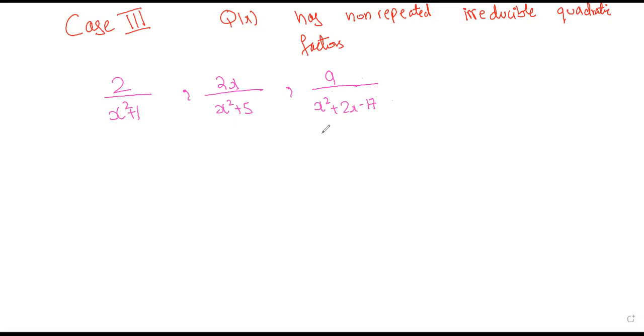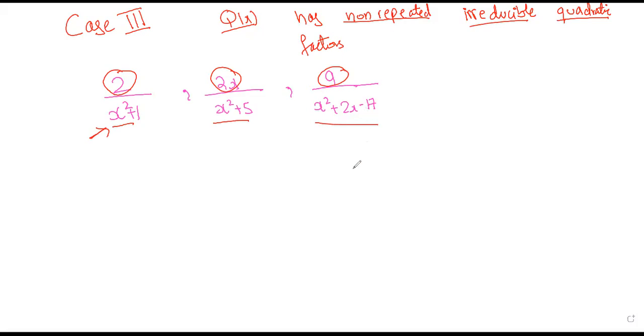Basically, these are the cases where q of x, forget about the numerator. We don't care about what we have in the numerator. We'll only talk about the denominator. If in the denominator we have non-repeated, we only have one factor that is quadratic and it is irreducible. By irreducible, they mean we cannot factorize this. Okay, so we have x square plus 1. We don't have any identity. We do not know any method through which we can factorize x square plus 1, x square plus 5, and then this is the last type, right?